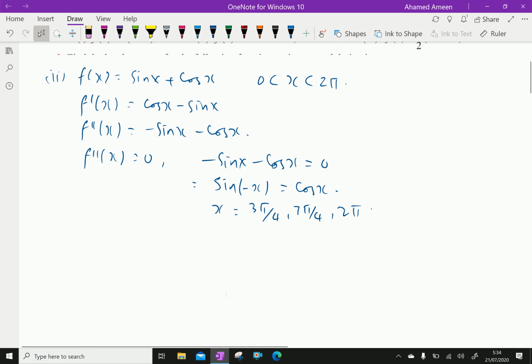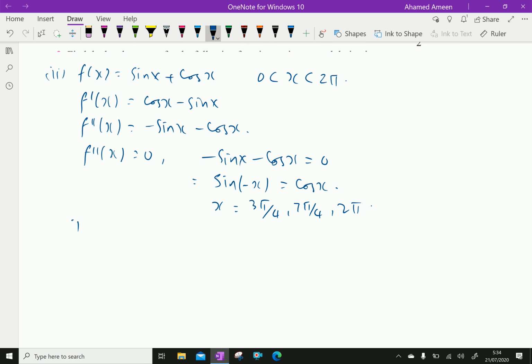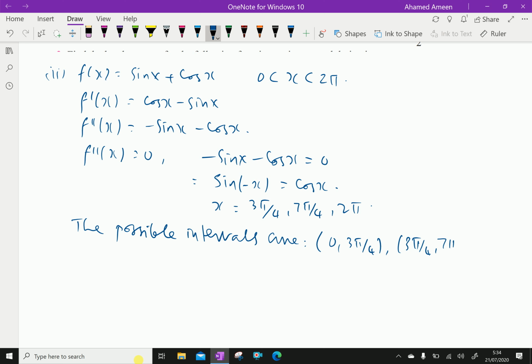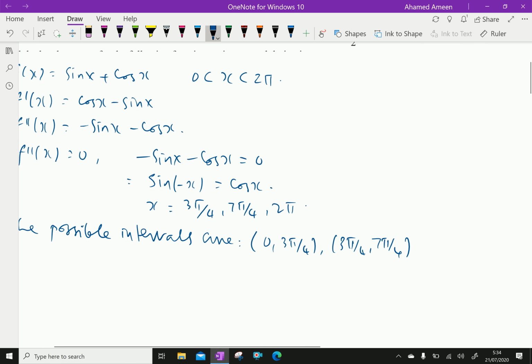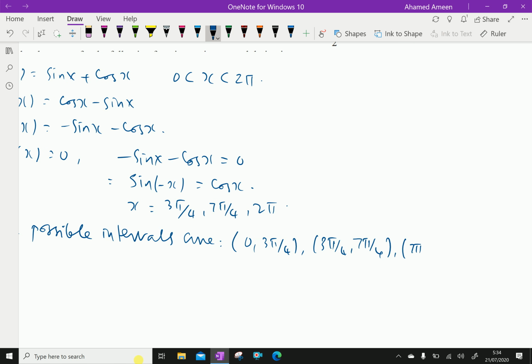Now the possible intervals are 0 to 3 pi by 4, 3 pi by 4 to 7 pi by 4, then 7 pi by 4 to 2 pi.